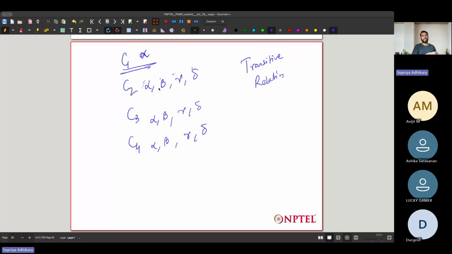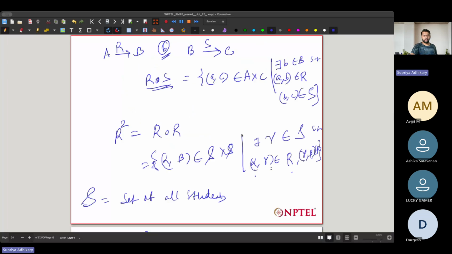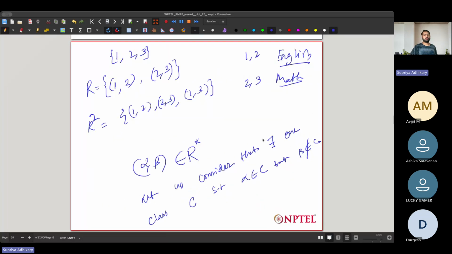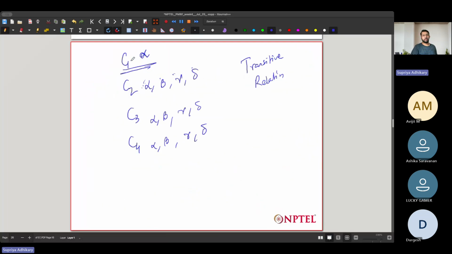So we can say that alpha is related to everyone else, and beta is also related to everyone else, and so on. But the condition that says alpha and beta have all classes in common is not true, because alpha has class C1 but beta does not have class C1.